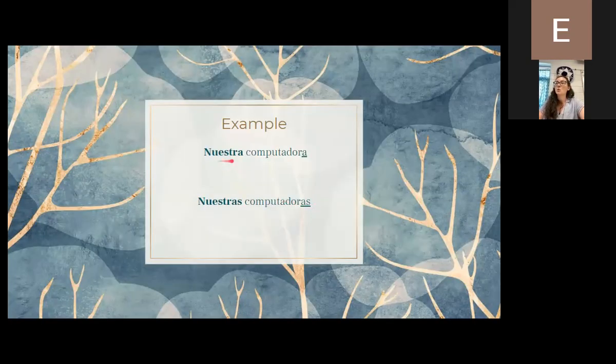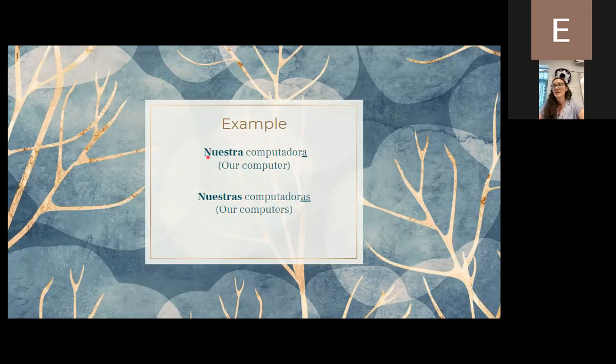Here we have nuestra computadora versus nuestras computadoras. So our computer versus our computers. Because the word computadora is feminine and it ends in an A, we have to pick the feminine version of our.